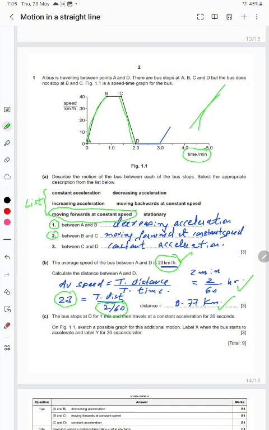The bus stops at D for 1 minute and then travels at a constant acceleration for 30 seconds. Sketch a possible graph for this additional motion. So what is happening?